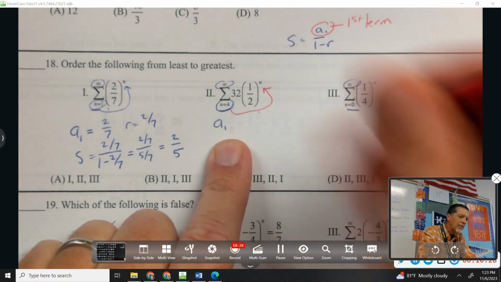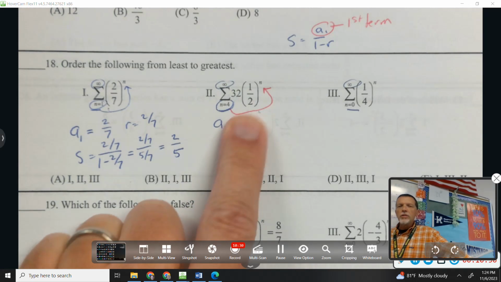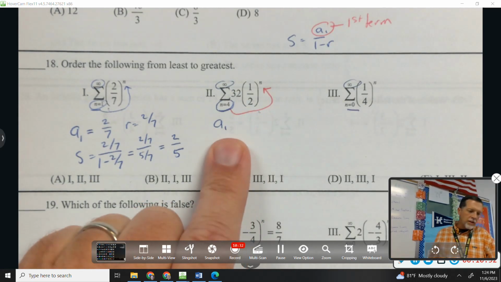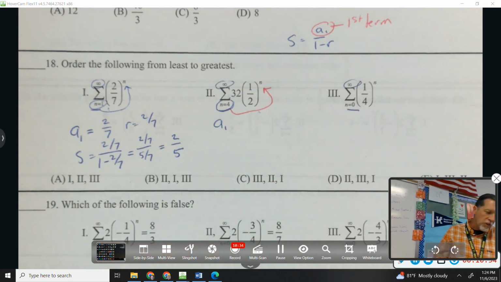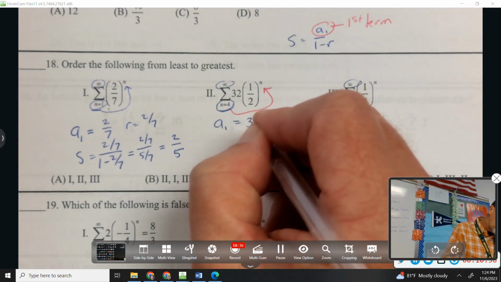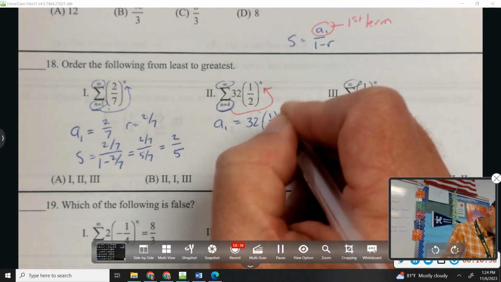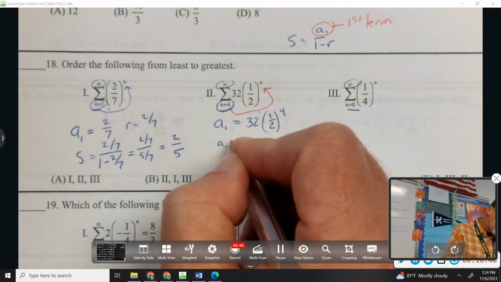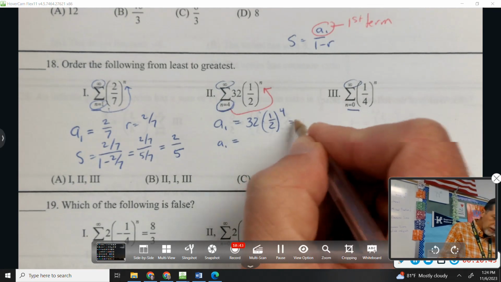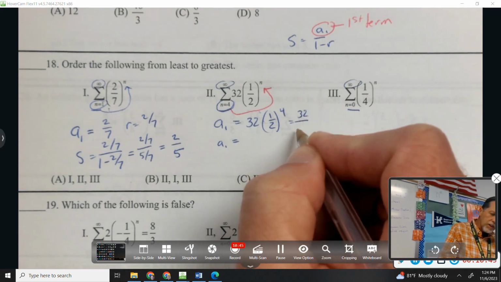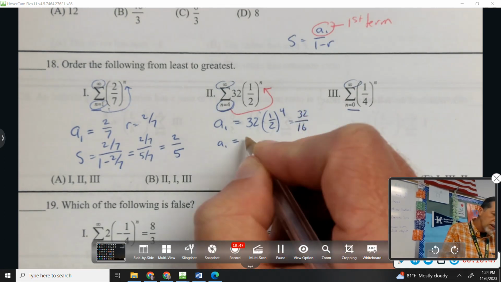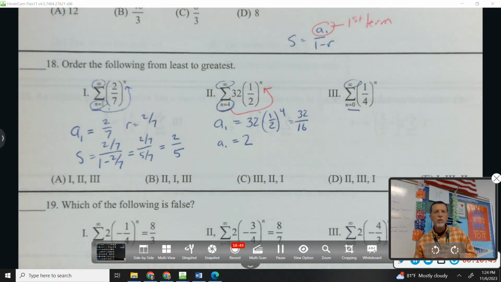It feels a little weird to say that a1 equals and then plug in 4, but a1 doesn't mean plug in 1, it means first term. So 32 times 1/2 to the 4th. 32 over 2 to the 4th is 16, so the first term is 2.